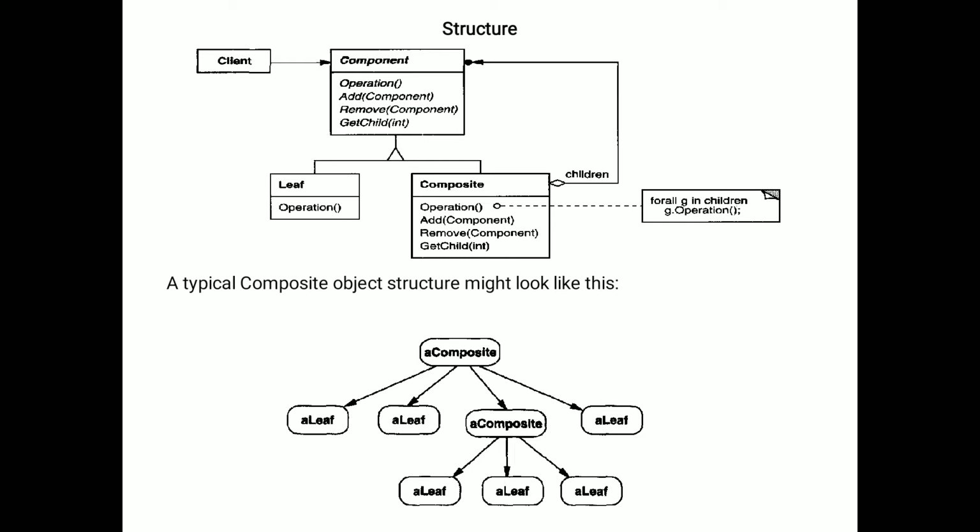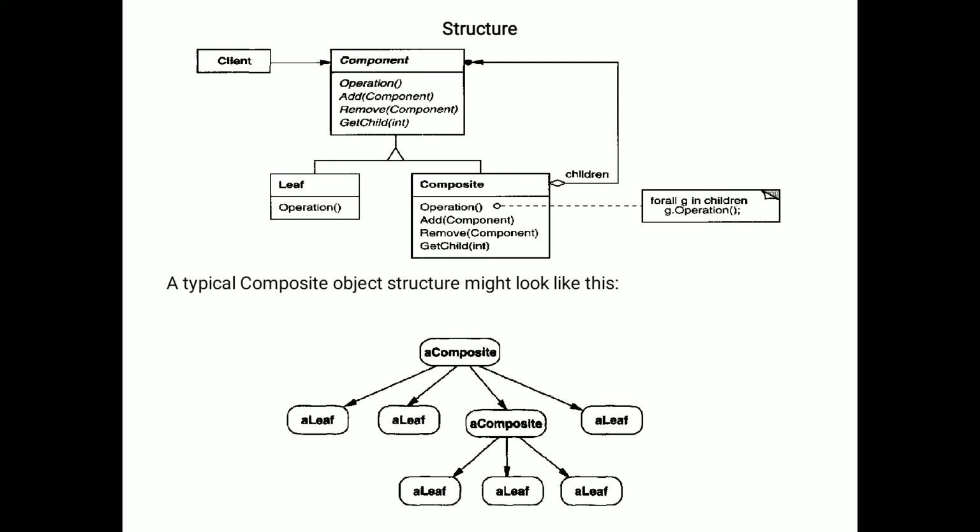Now let us see the structure of the composite pattern. Here you see the component is having operations: add, remove, get child. All these are some of the operations which are there in the component class. The client is going to interact with the component in order to get the information of all the children or all the components in the hierarchy.